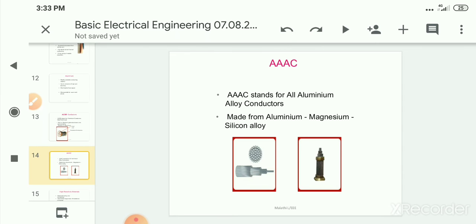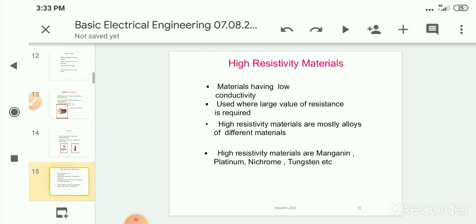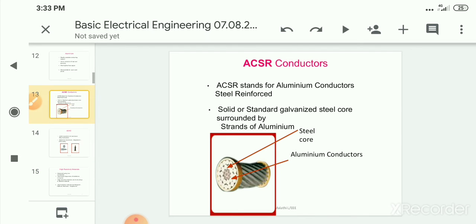Due to this construction, the properties we observe are that it is cheaper than copper, it has high tensile strength, it is readily available, has very good electrical conductivity and is light in weight, and it has high resistance to corrosion.